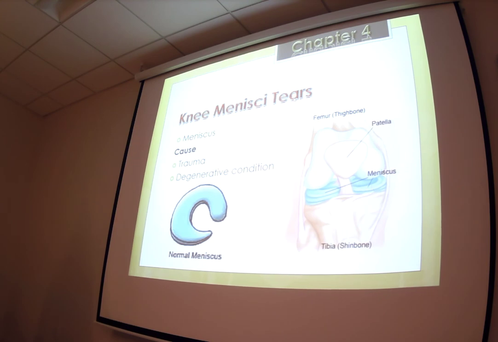So meniscal tears are typically due to trauma. They can be caused by degenerative conditions, but you see a lot of sports players that have meniscal tears and undergo surgery for these tears.